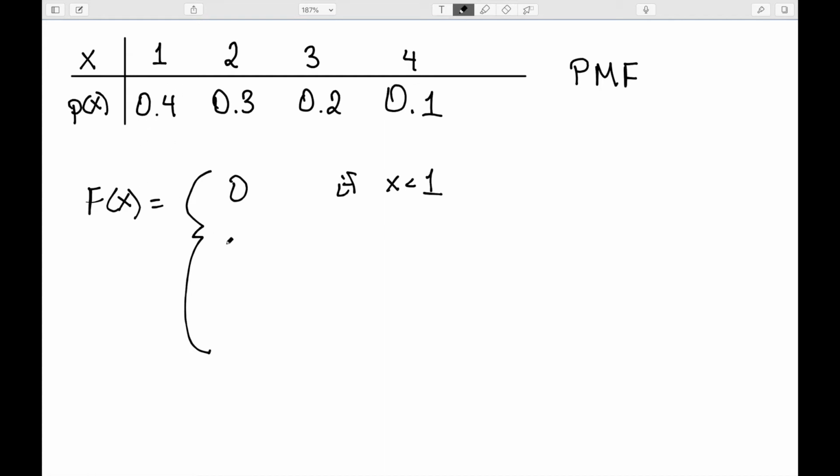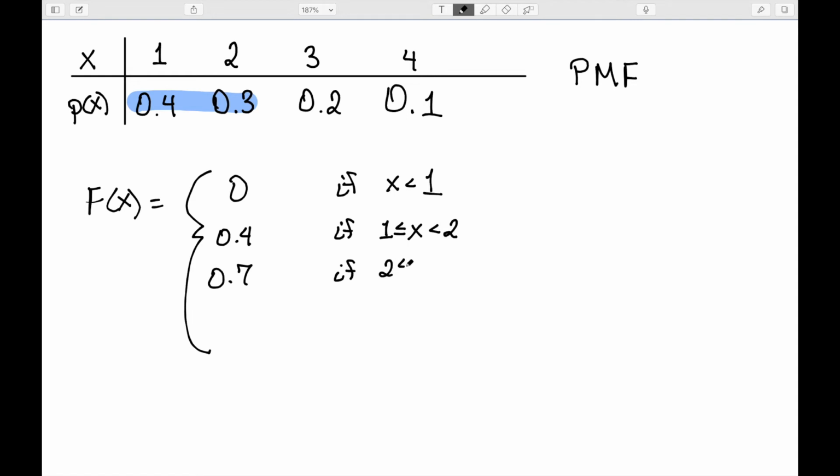The next probability we have is 0.4. The CDF tells you everything that comes before it, so this is going to be between 1 but still less than 2, since once we hit 2 we're going to add in some more pieces. When we reach 2, we're considering once again everything before it, so we have a total of 0.7.